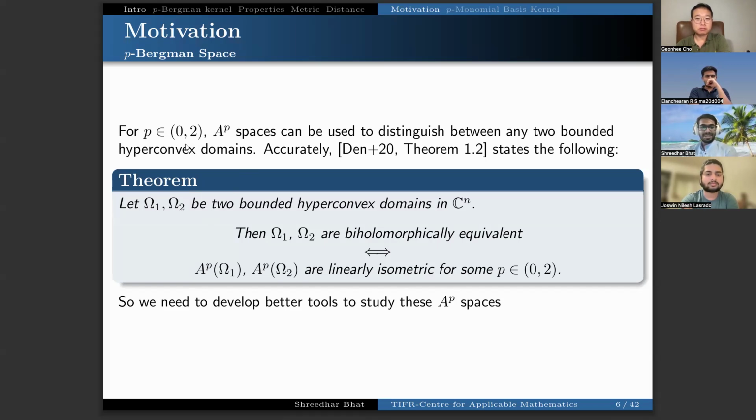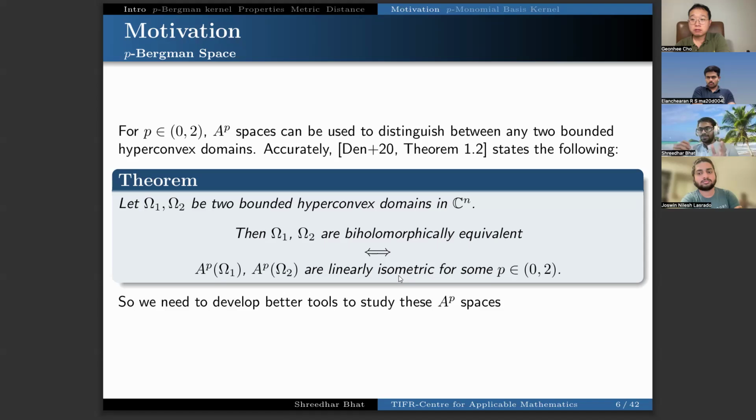But one other reason is if you restrict yourself to what are called hyperconvex domains, let us not worry about what that means, and look at p between 0 and 2, then we have a result that says that two bounded hyperconvex domains are biholomorphically equivalent if and only if their APs are linearly isometric. Note that this is not true when p equals 2.